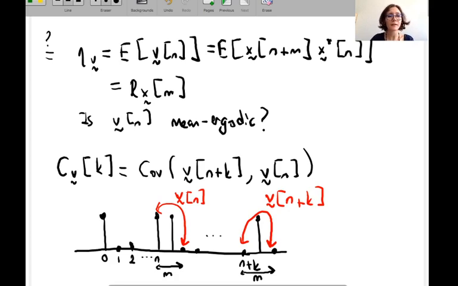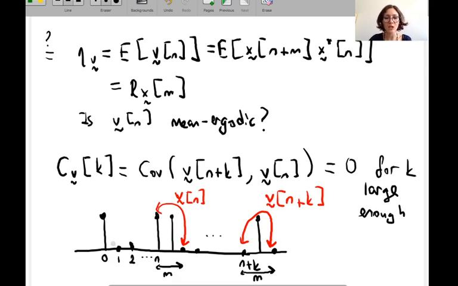This simply concludes that their covariance is equal to 0 if I choose k as large as I want, let's say for k large enough. It simply follows from the special property of Bernoulli processes that each sample is independent of the other samples.